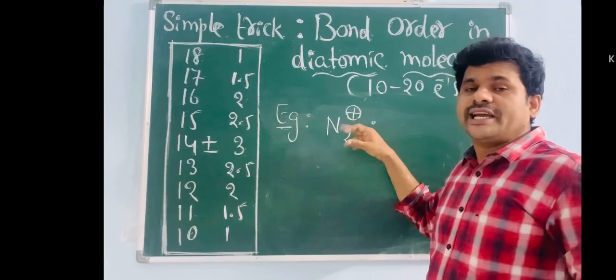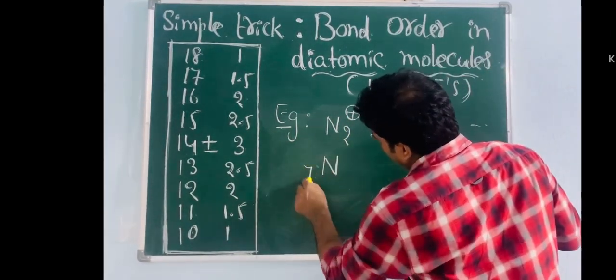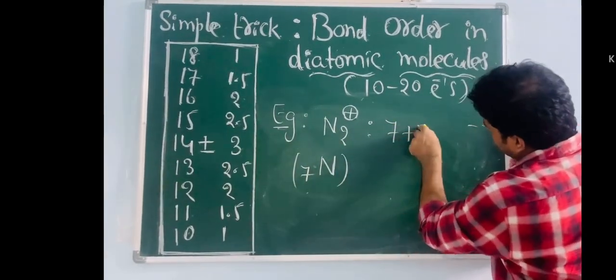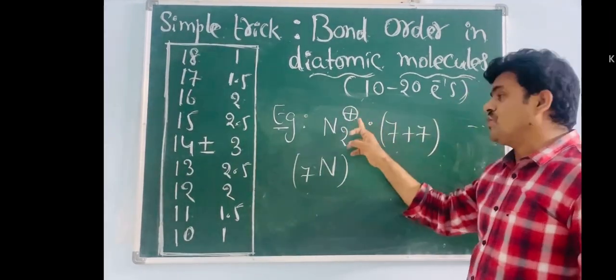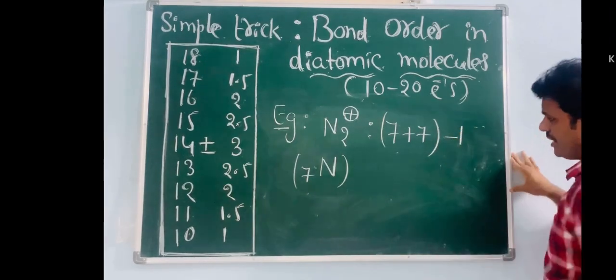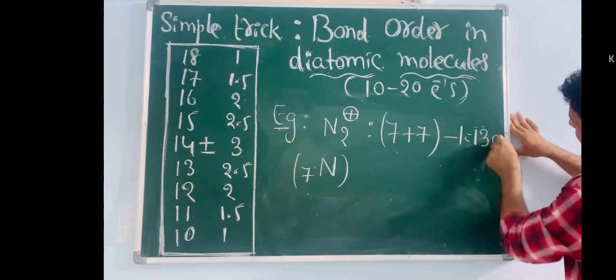Here 1 plus indicates loss of 1 electron. Here also the nitrogen atomic number is 7. So there are 2 nitrogen atoms, and 7 plus 7. Here an additional positive charge is present, which indicates loss of 1 electron, that means minus 1. So that is 14 minus 1, 13 electrons.